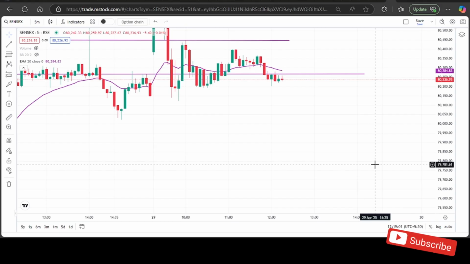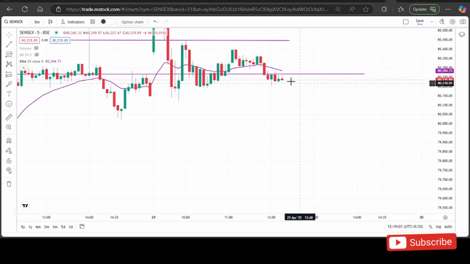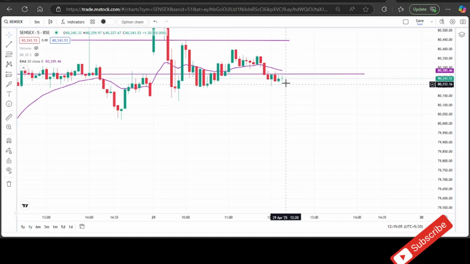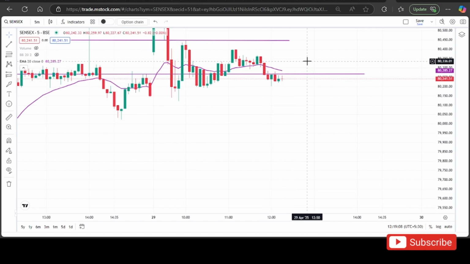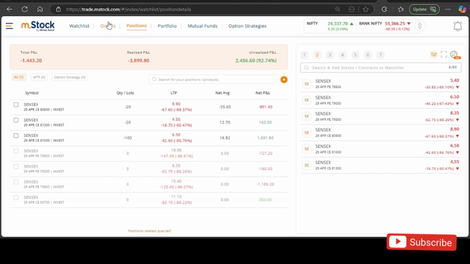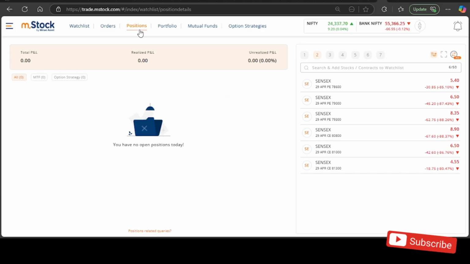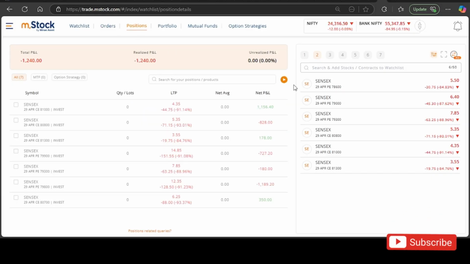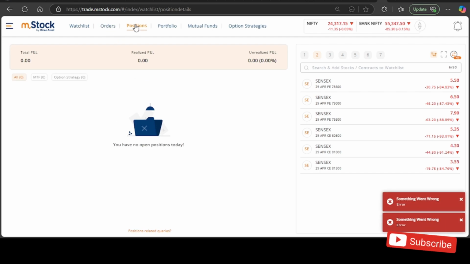An update again. The position has become very silent here and it's not moving on either side. So I have exited all my positions. Refresh this. I've exited all my positions and this is the current situation of the account. And this is the current PNL.